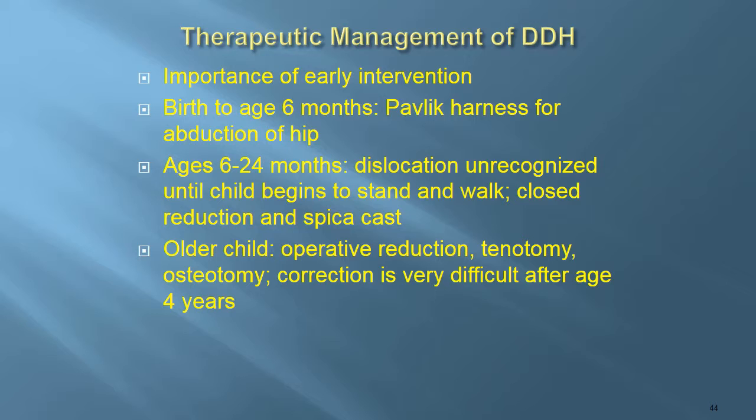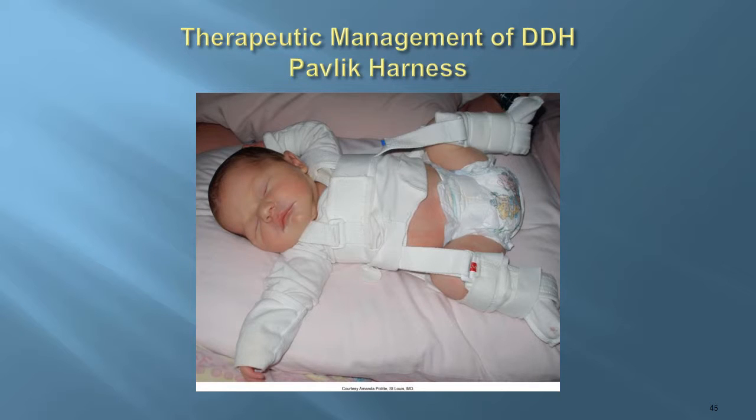The treatment would be closed reduction and spica cast. With the older child, an operative reduction is performed, also a tenotomy and osteotomy. Correction is very difficult after the age of 4. Here's the Pavlik harness, which is used in the infant for treatment of DDH.